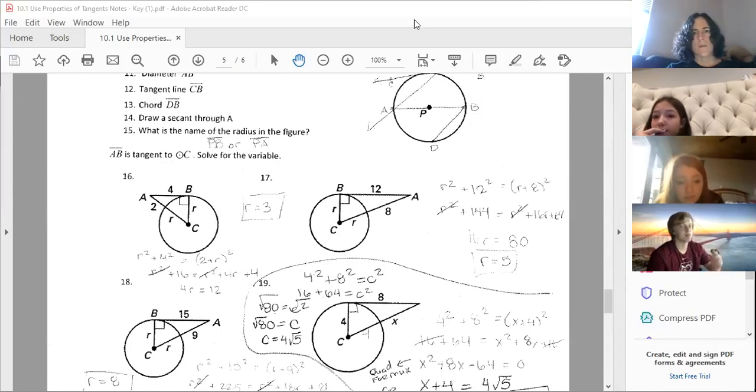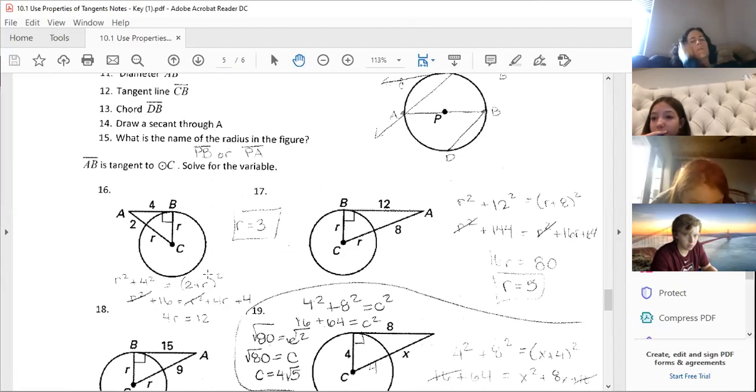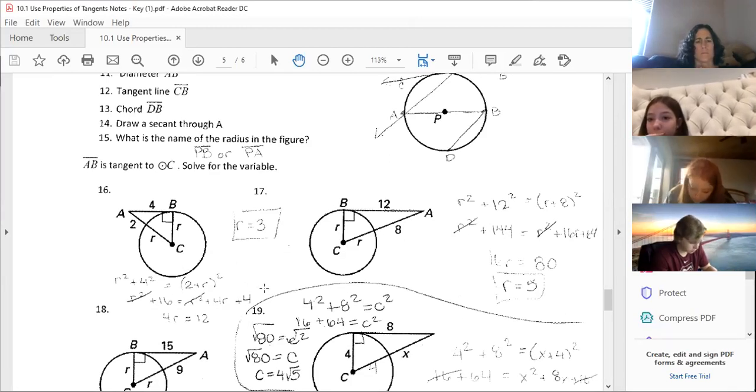There's number 16 right there. So what was your question about the work? I don't really understand most of those. I know it's 4 squared plus r squared equals 2 plus r squared, but I don't know how to solve them. You don't know how to multiply them.